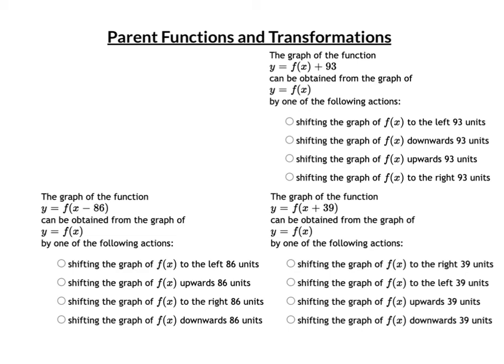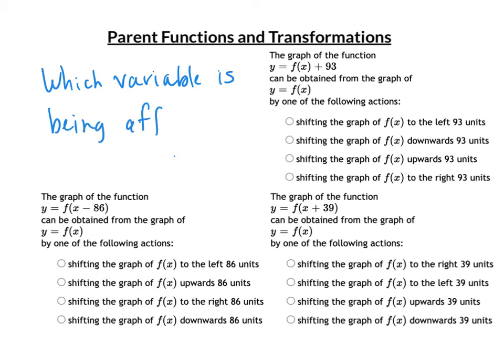So when you look at these, you need to ask yourself, which variable is being affected? So let's go to the right up top first. f of x is really y, and I have a y here.